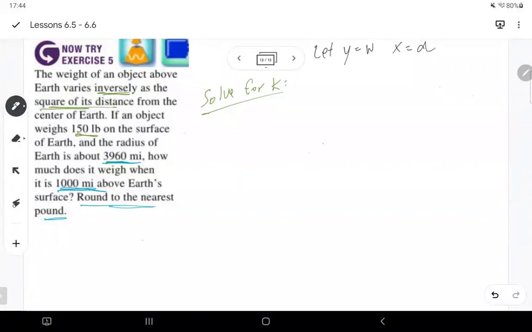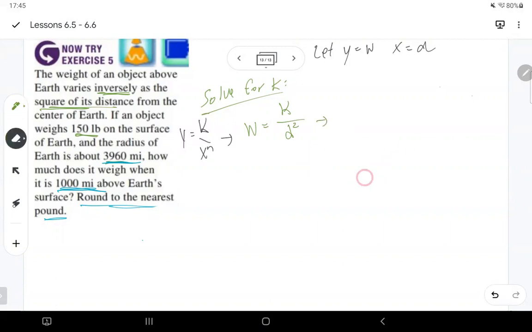So your general form is going to be y equals k over x squared. Well, really x to the n. And you're going to change that to w equals k over distance squared.